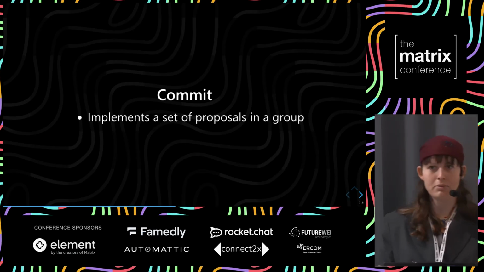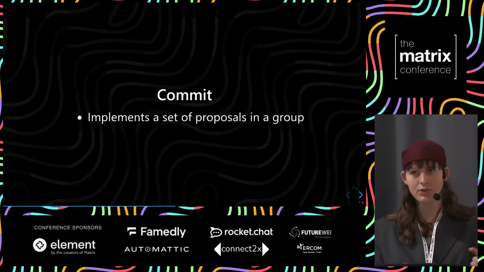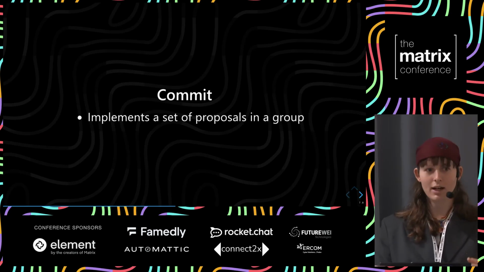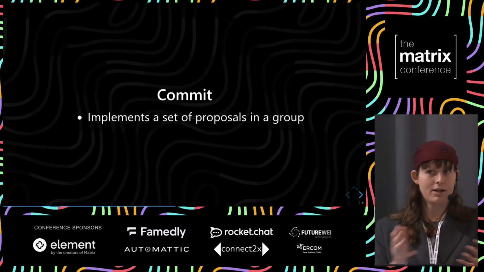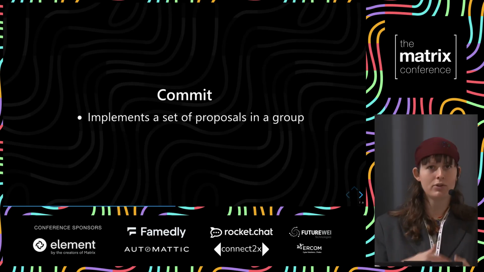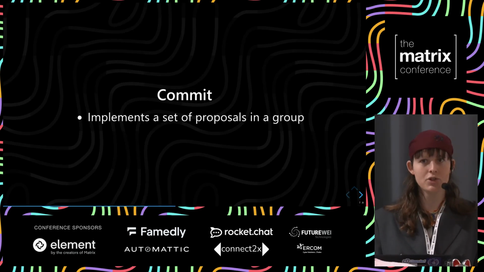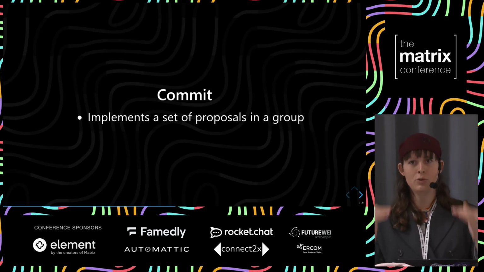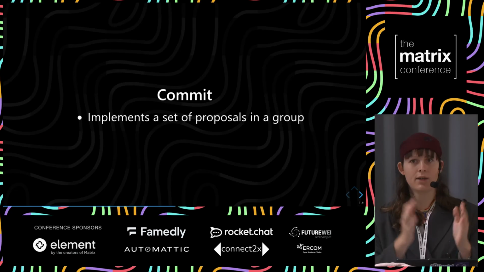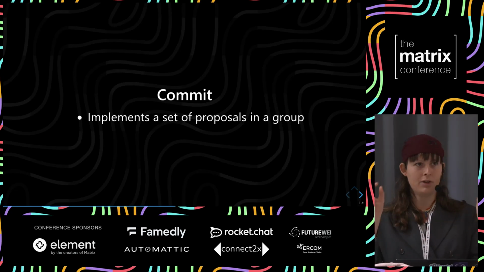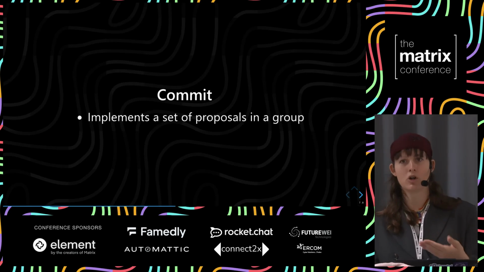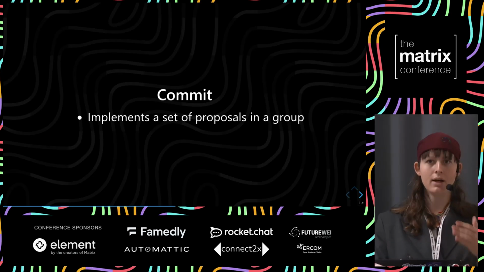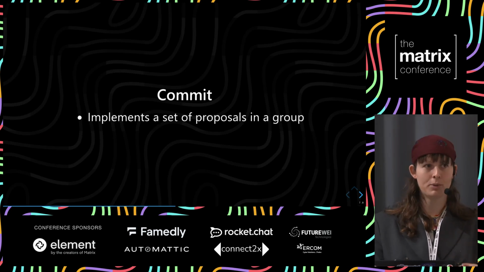So once I have my five proposals, I invited Bob, I invited Alice, I kicked Trudy because she was an evil hacker, as we all are, and then I accept these proposals to commit the changes, and once I commit a change, the group starts a new epoch, because we now have other members, and an epoch is defined as the snapshot of a group where everyone has a common secret. So if I commit a change in an MLS group, I start a new epoch with the corresponding new members.